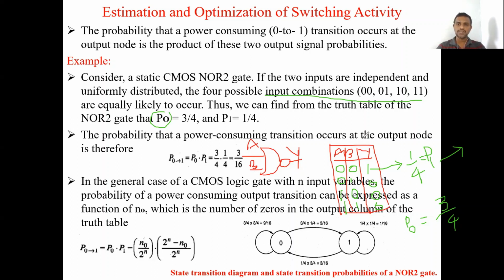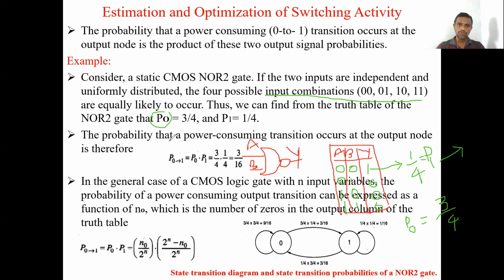Suppose there is a transition taking place from 0 to 1, or 1 to 0, how much probability do I have for the power consumption? We calculate that using the above discussion: the product of the probabilities of the output signals gives us the total probability of the power consuming transition.